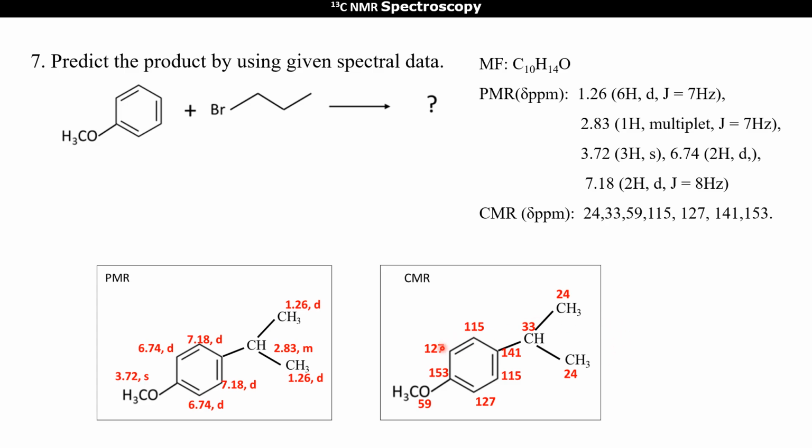For sp2 hybridized carbons, the signals are above 115 and these are the sp3 hybridized carbon atoms. And for the methoxy carbon, the signal is downfield, at 59. Similarly, we can predict the signals for PMR also. Those are the chemical shift values of PMR.